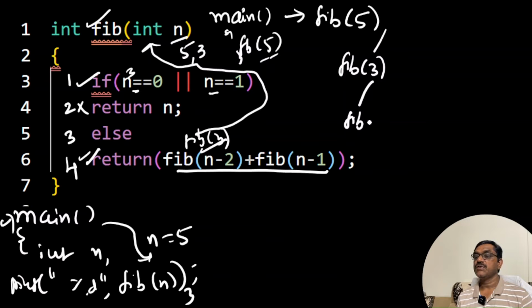From fib of 3 we are going for 3 minus 2. How much? We have fib of 1, right? So when you take fib of 1, n value becomes 1. Is n equal to 1 here? Yes, the condition is true. Then the second statement is executed. What is the value it is going to return? 1. So in place of fib of 1, we are going to get 1. So now I will explain in detail with this example. You carefully see this.